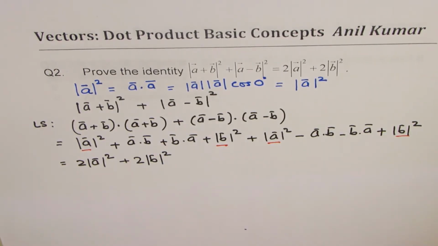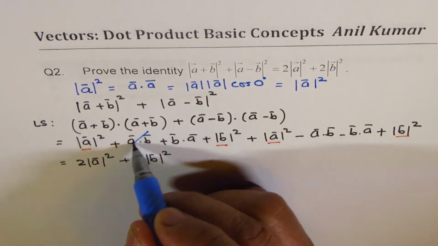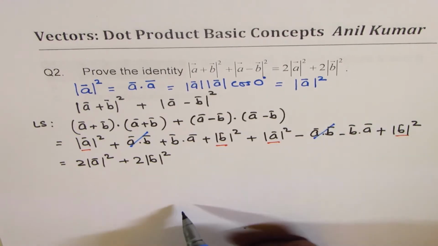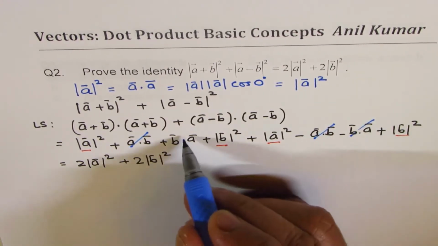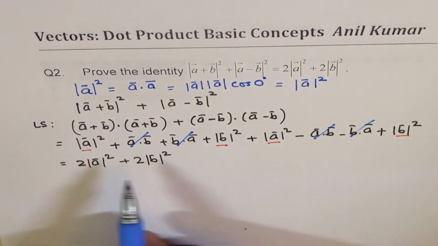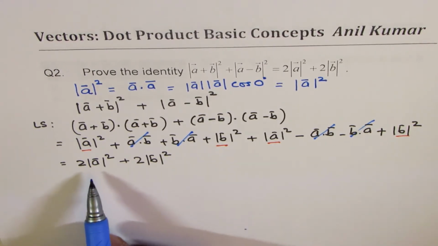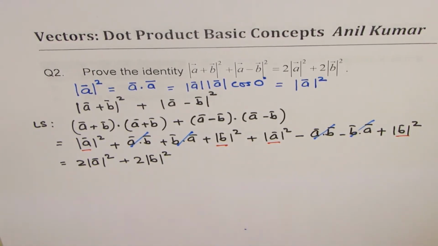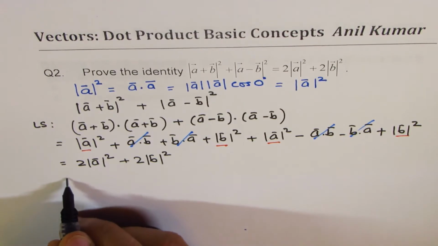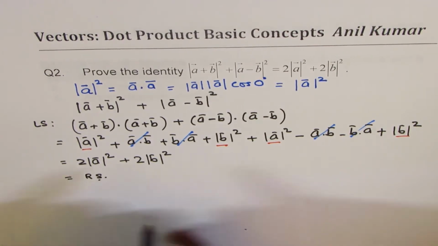So here A dot B cancels with minus A dot B, and B dot A cancels with minus B dot A. We have already taken care of these two, so that's what we see, and that is equal to the right side, right?